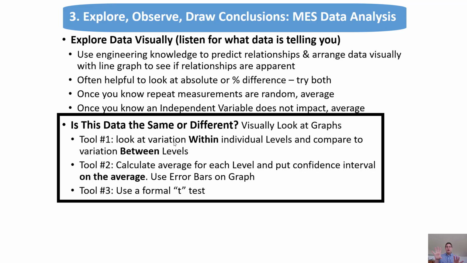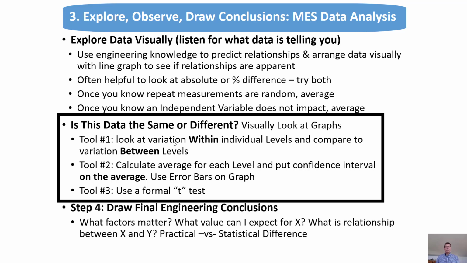If they're still too close to tell, then you can use the formal t-test. So each of those tools, which one do you use? You use the one that you need to use. It honestly never hurts to use the t-test just to be able to say, there's a 52% chance that happened by chance. There's not enough evidence to say that there is a difference between the two.